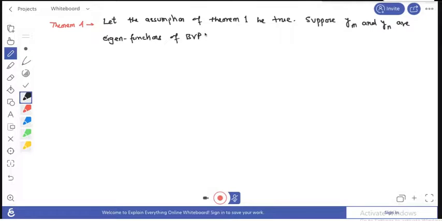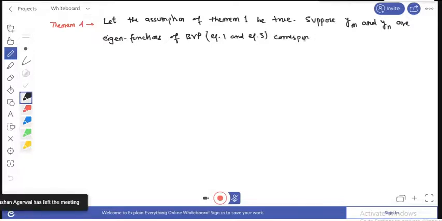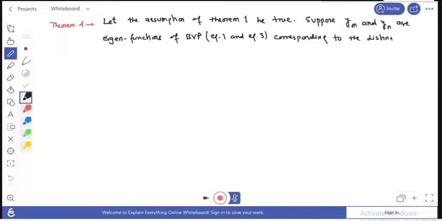Suppose this boundary value problem means equation 1 and equation 2. These are the eigenfunctions corresponding to your eigenvalues, and these eigenvalues are distinct.